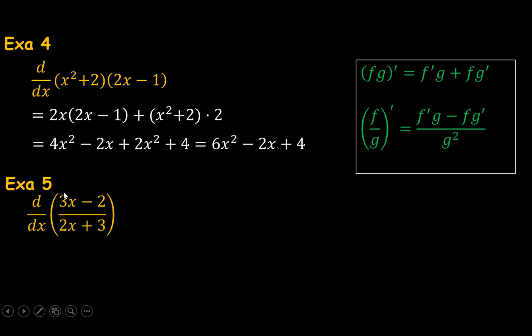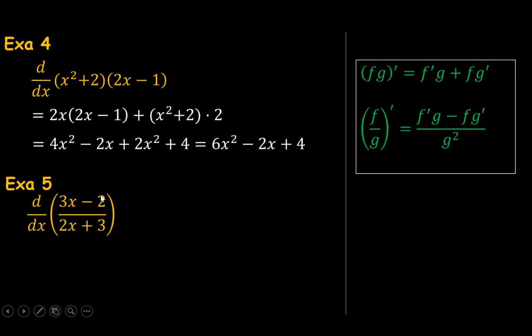Here we have the following fractional expression. So this is a rational function. We want to find its derivative. So this is our f(x), and then 2x plus 3 is our g(x). We apply the quotient rule here. Therefore, we compute f prime.